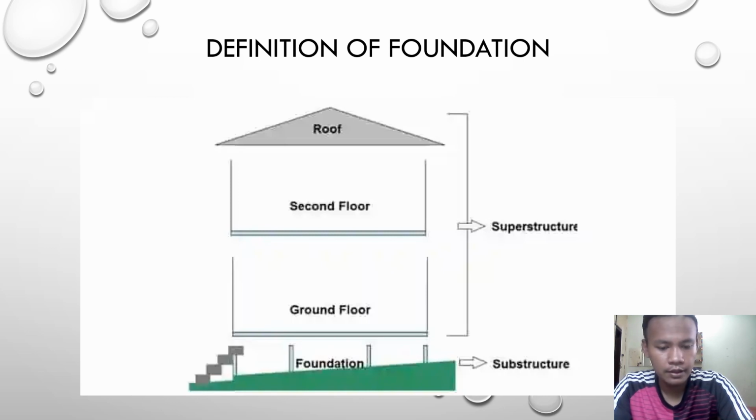The overall weight is transferred from the building area to the entire floor area with a raft foundation. This phenomenon minimizes the tension placed on the soil, lowering the risk of soil shear collapse. The last one is the pile foundation.